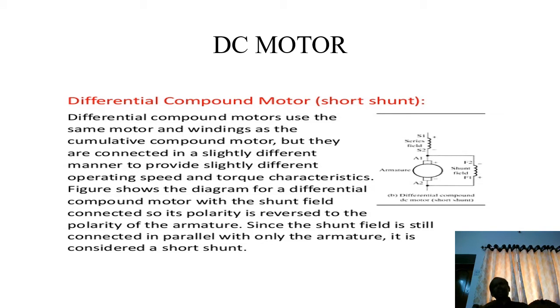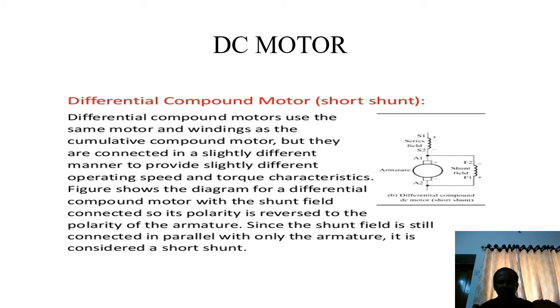Next one is differentially compound motor, short shunt. Here you can observe the same circuit diagram: S1 S2 series field, F1 F2 shunt field, A1 A2 armature winding. Differential compound motors use the same motor and windings as the cumulative compound motor, but they are connected in a slightly different manner to provide slightly different operating speed and torque characteristics.